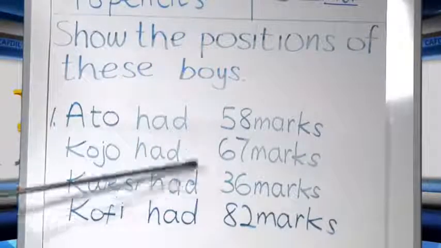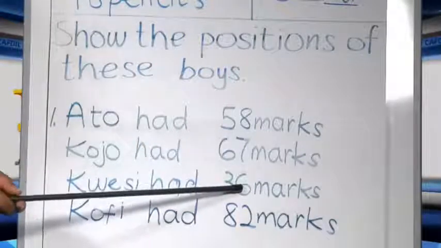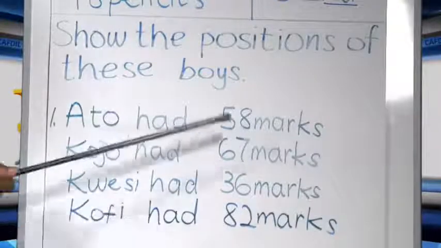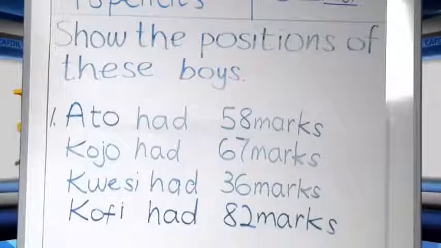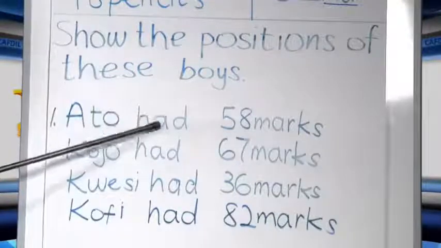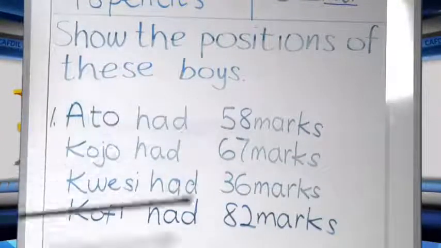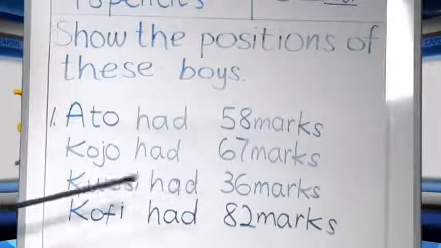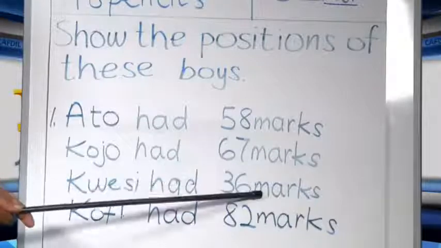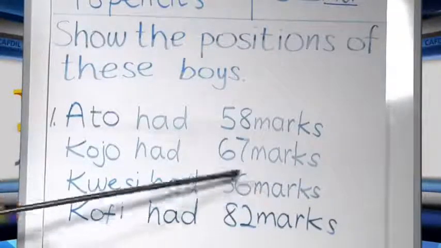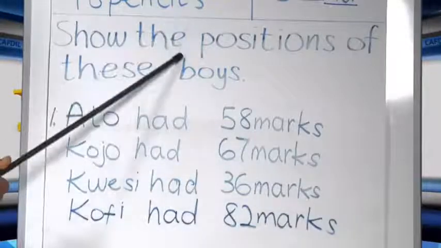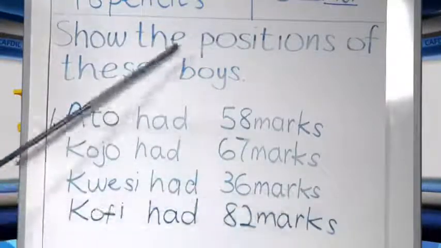Presi had 36 marks. Kofi had 82 marks. We have to show the positions of these boys.